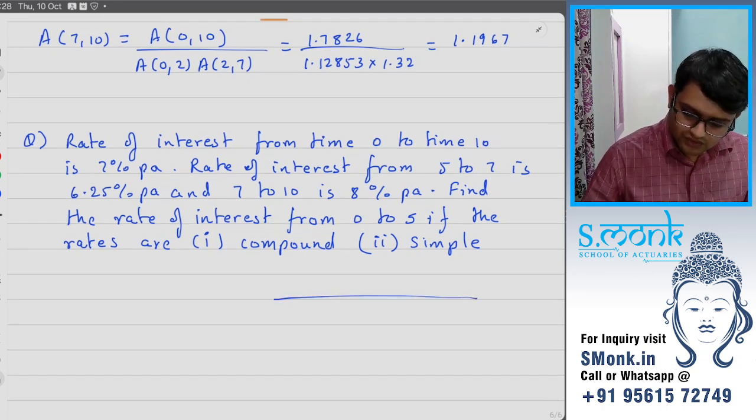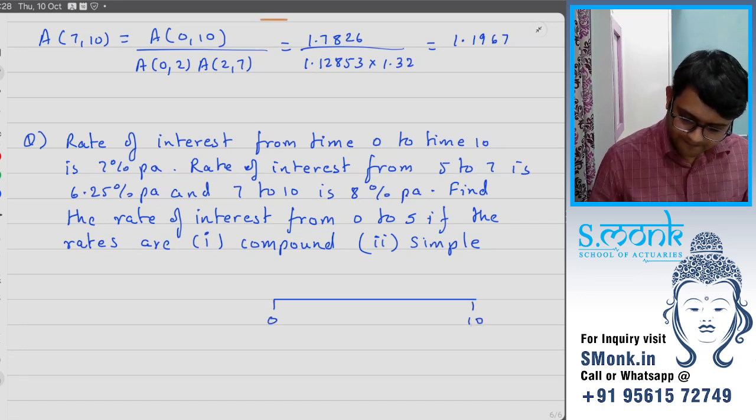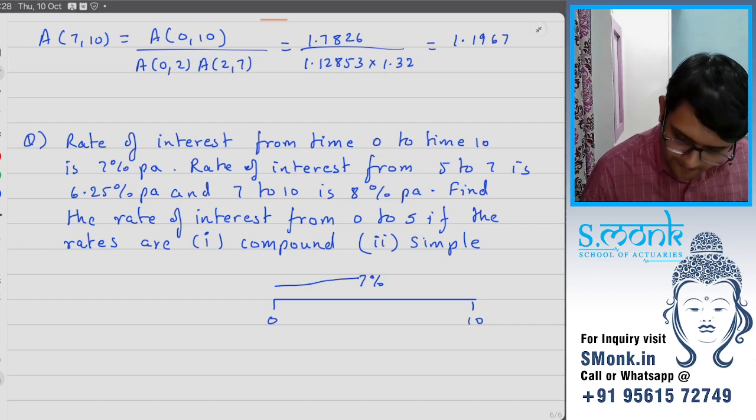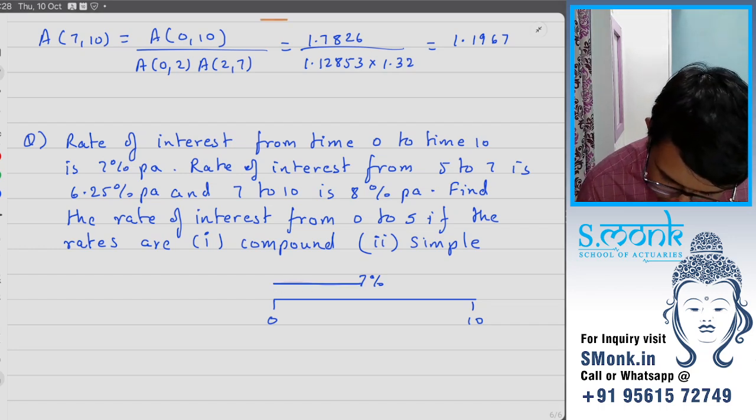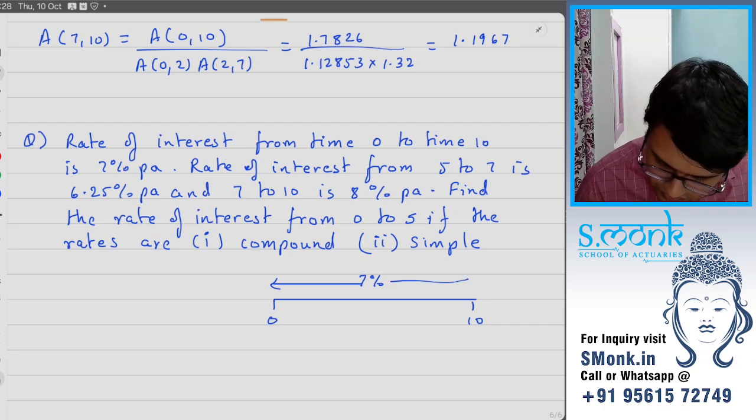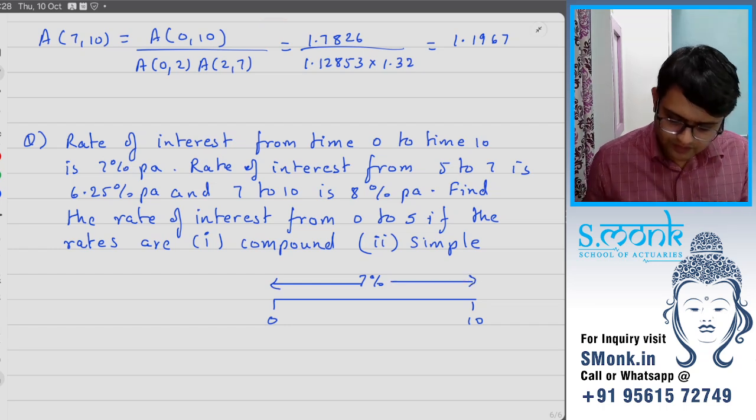So what I have done is, from 0 to 10 we know the rate of interest is 7%.